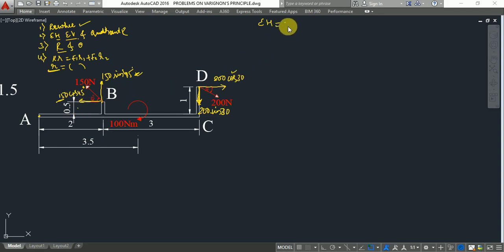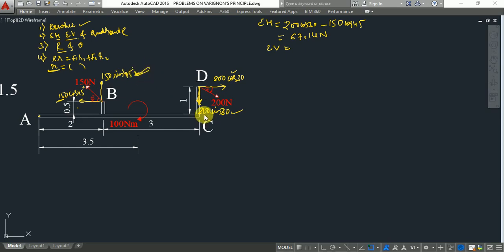Right hand side direction is positive, so that is 200 cos 30 minus 150 cos 45 degrees. So the summation of horizontal forces is equal to 67.14 Newton.